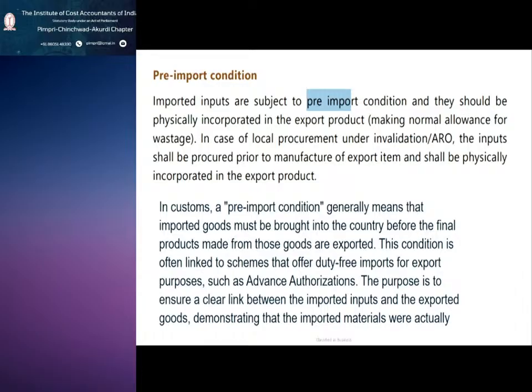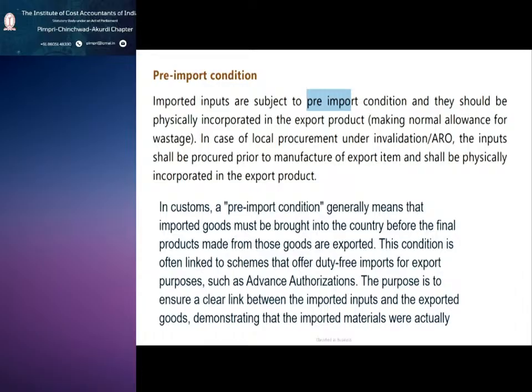Then here come two new terms. In case of local procurement, under invalidation or ARO, which is advance release order, the inputs shall be procured prior to manufacture of export item and shall be physically incorporated in the export product.